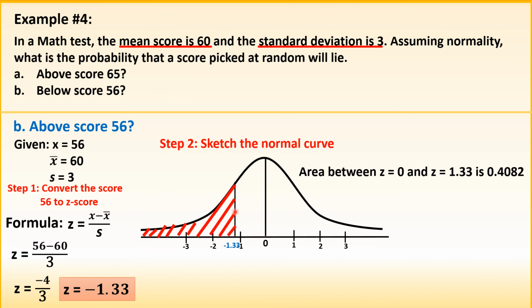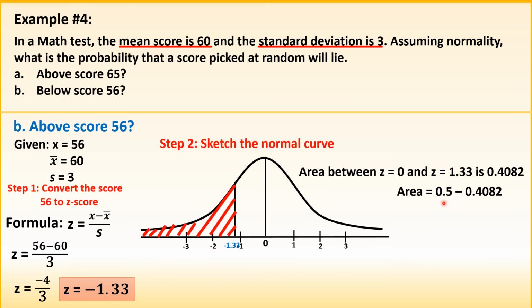So, para makuha natin to, kinakailangan natin siyang isubtract sa 0.5. So, 0.5, bakit 0.5? Kasi 'di ba yung isang buong normal curve is 1. So, since magmula lang kay 0, papunta dito sa left side, so kalahati lang, ang gagamitin lang natin ay 0.5.